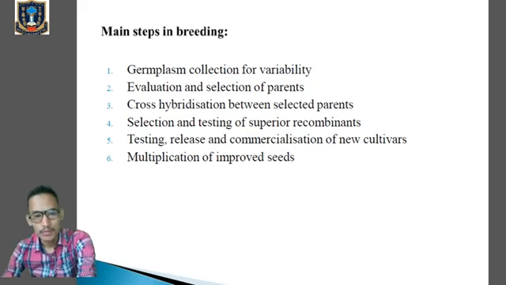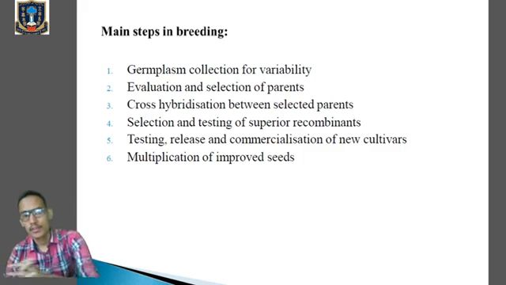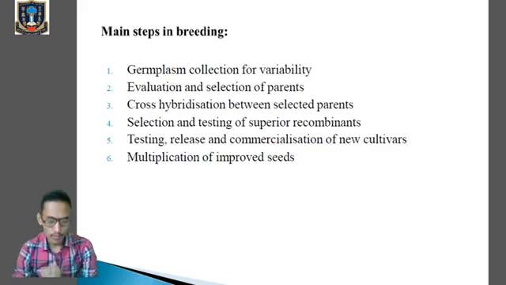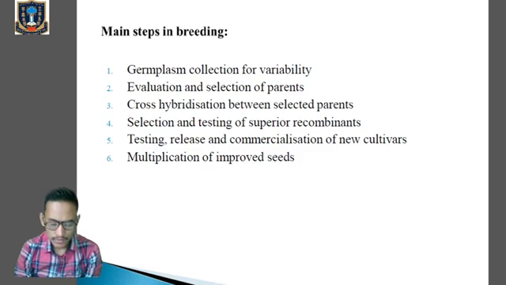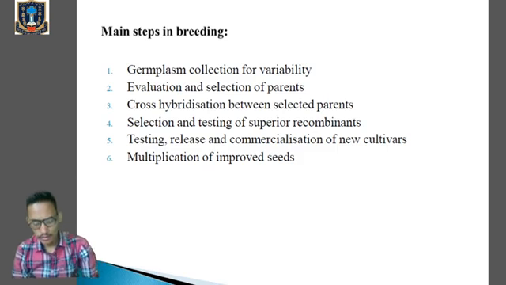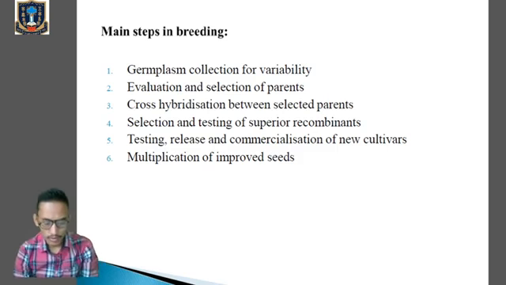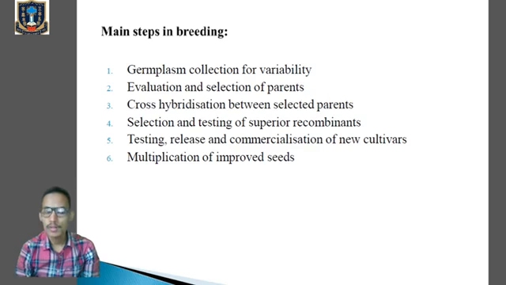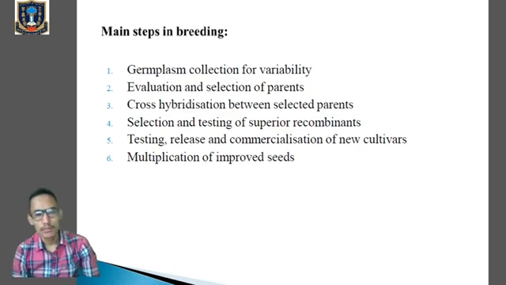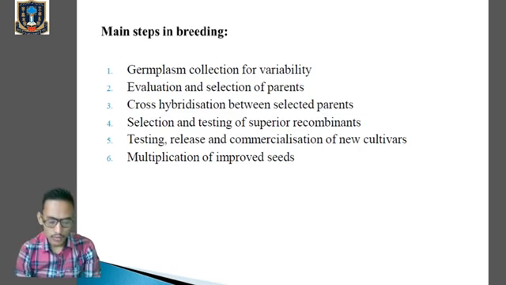Then we learned about cross hybridization between the selected parents, the types of hybridization, and the most important thing, the procedure of hybridization. In the procedure, you have to mainly remember the terms emasculation and bagging. So kindly go through the technique or procedures of hybridization.